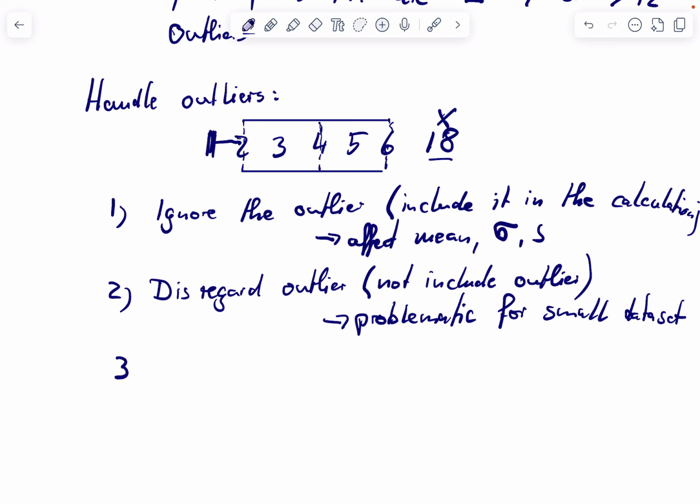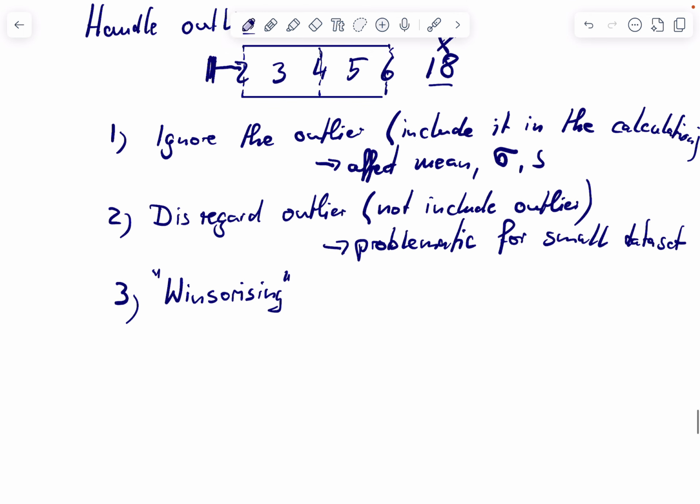A third method, which is very commonly used, is called Winsorizing, named after an engineer and a biostatistician.